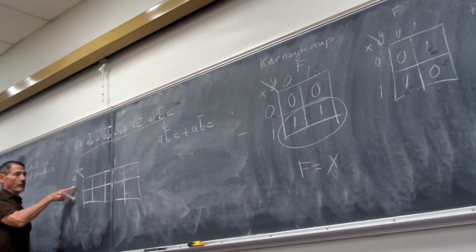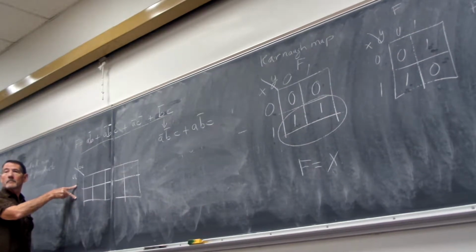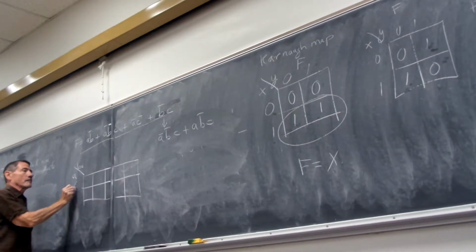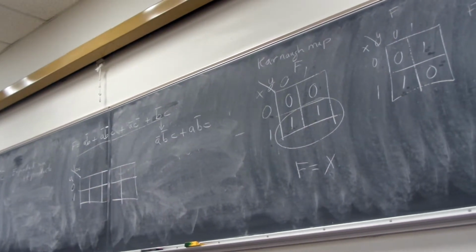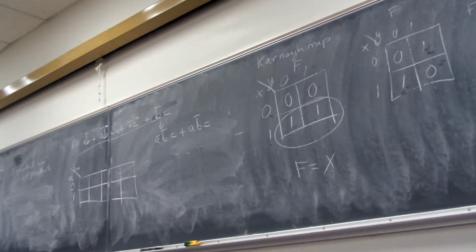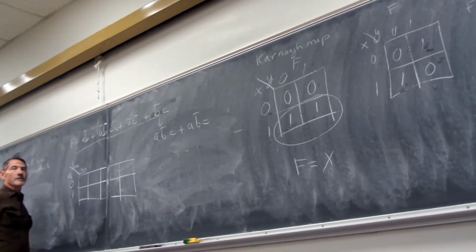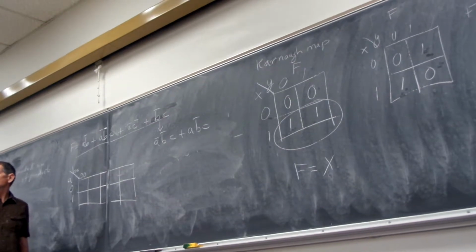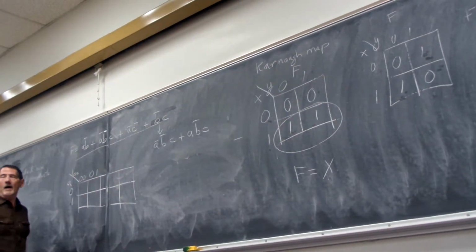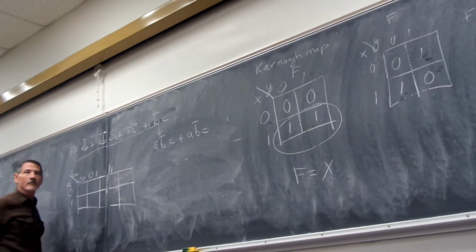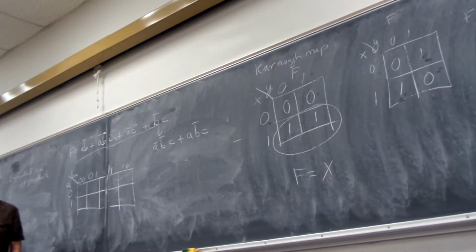Here, what do I put for A? 0 and 1. Now I have to list the possible BC inputs. 0 0. What next? 0 1. What next? Very good, 1 1.